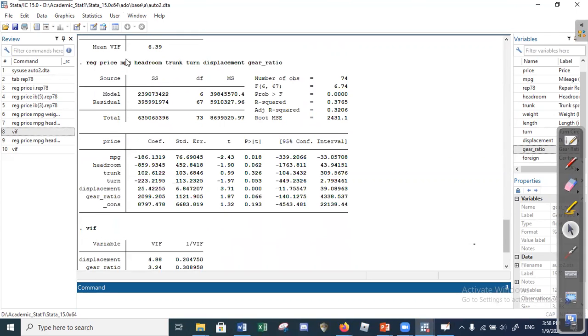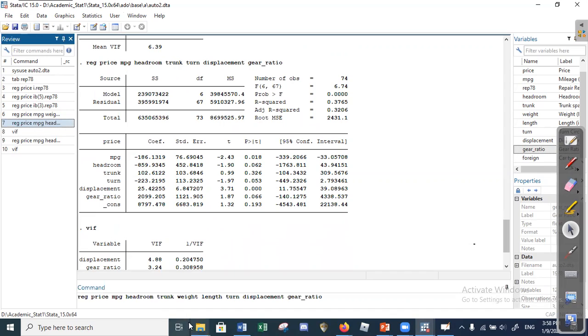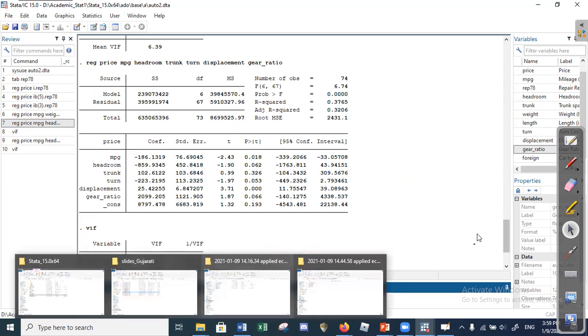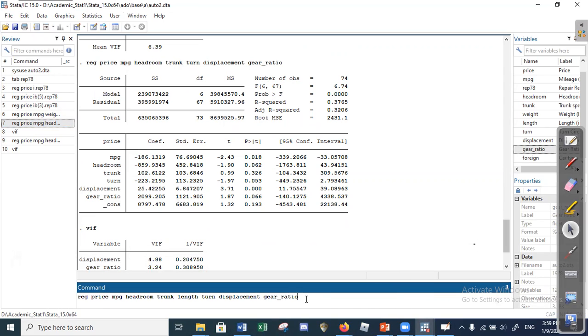And what is the situation then? So for example, I would bring the full model here in which weight and length are there, and this time I delete weight, which means I am fitting a model in which all other explanatory variables are there except weight. See, length is in it, but weight I have dropped. So keeping length and dropping weight, so dropping only weight, not both.